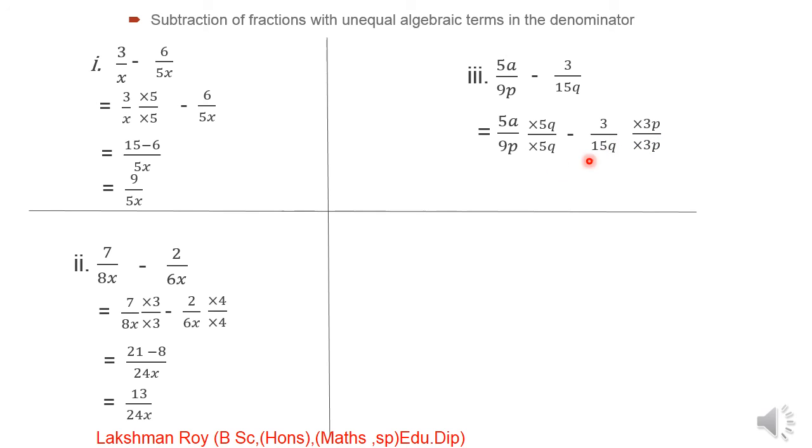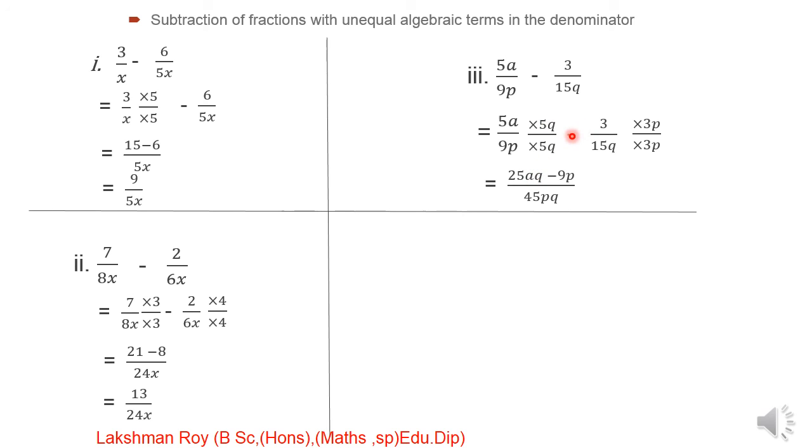Now the denominator is okay, don't worry about it. Now solve the numerator. The denominator is 45pq, and the numerator 5a should be multiplied by 5q. That means 5 times 5 is 25, and a times q is written as 25aq.